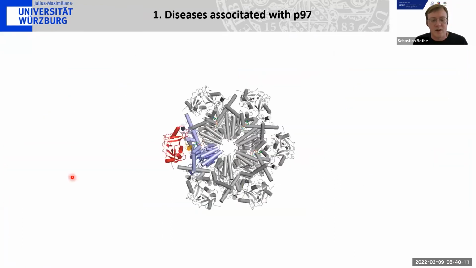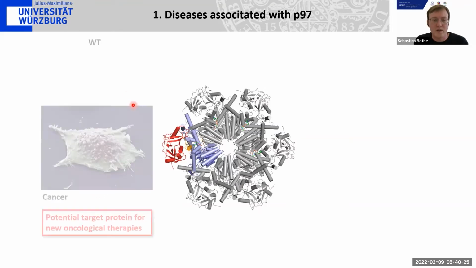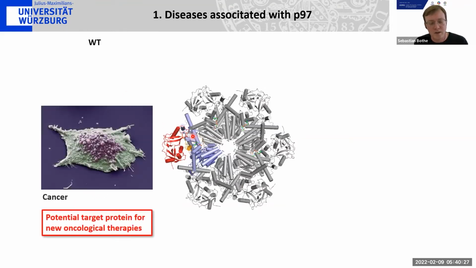After I have shortly introduced our P97, the question is, why is P97 pharmacologically interesting? Why do we want to design inhibitors for it? First, the wild-type form of P97, as a central component of the ubiquitin proteasome system, would be an interesting target for cancer.